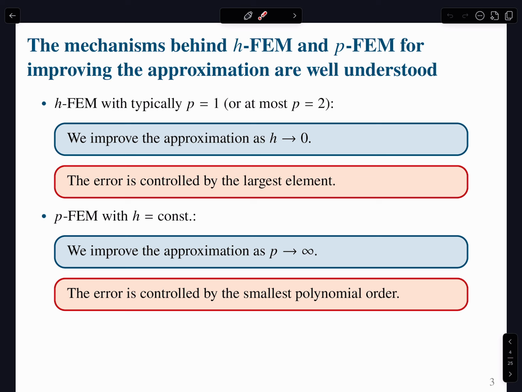p-FEM works differently, as we discussed already multiple times. Well, you normally keep your mesh fixed, but you increase the approximation order, right? The polynomial order of your interpolant. And well, we said also that when we are dealing with isoparametric formulations, the geometry and the field are approximated with the same polynomial order.